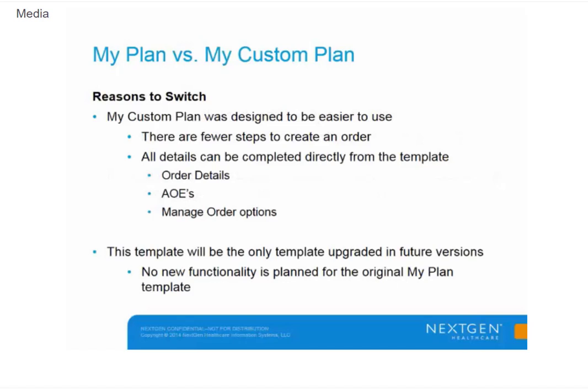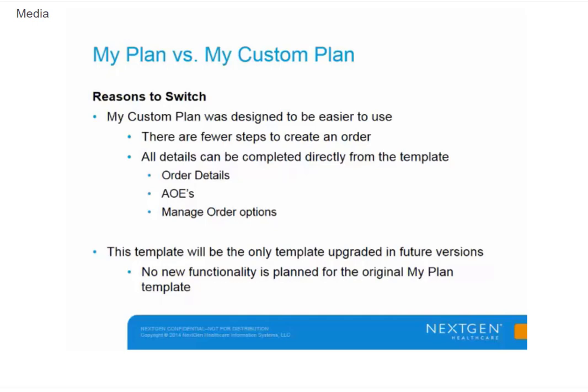So now it's important to keep in mind that there are some reasons that you might want to consider switching. You definitely have to choose between the original My Plan or the My Custom Plan. It's not possible to keep both of them in the workflow. So again, My Custom Plan was designed to be easier to use.